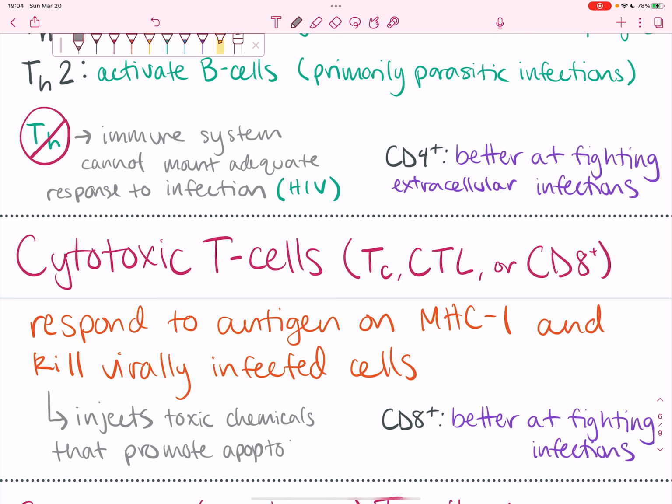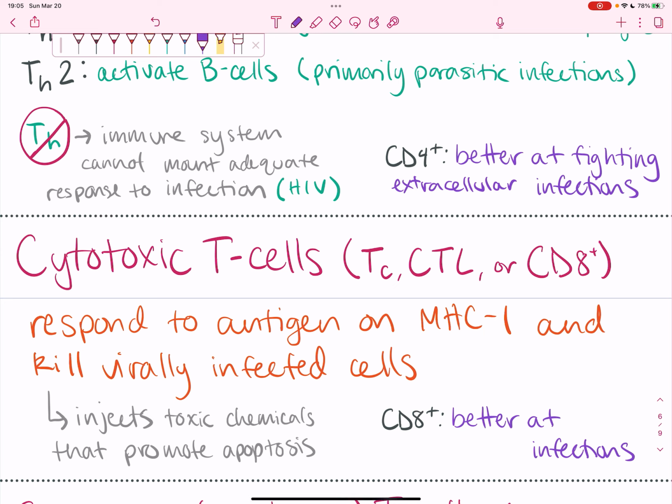And just as helper T-cells are better at fighting extracellular infections, cytotoxic T-cells are better at, I meant to say targeting here, not fighting.